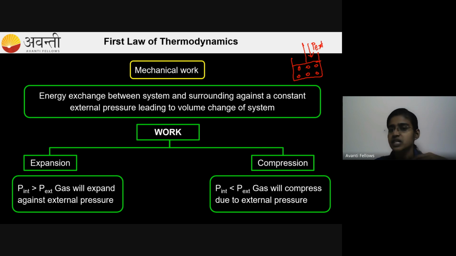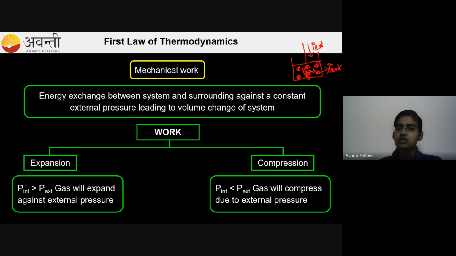The gas molecules inside the container also have some pressure, called the pressure of the gas, or internal pressure.